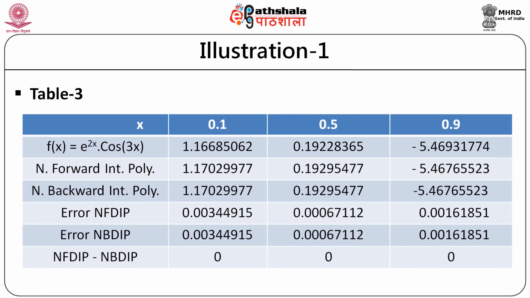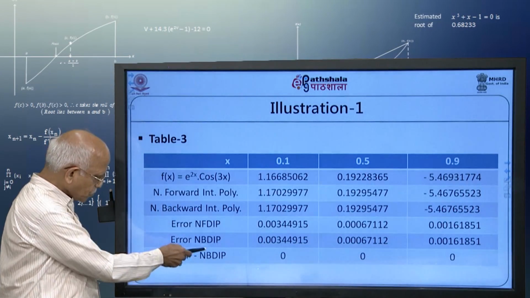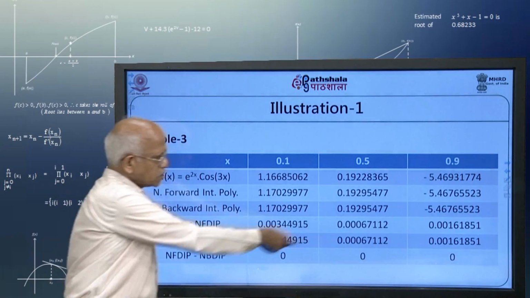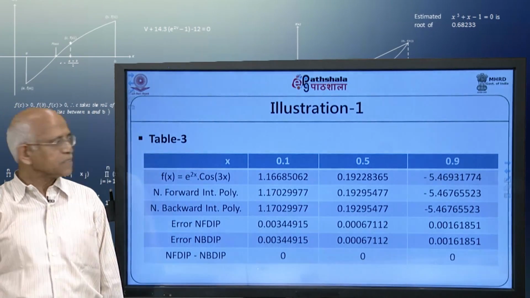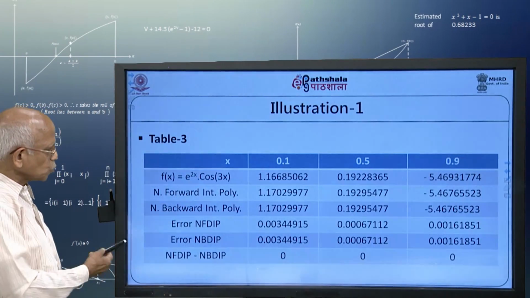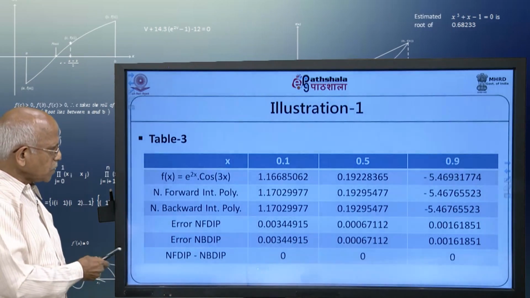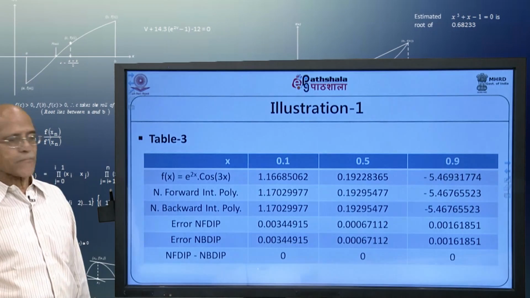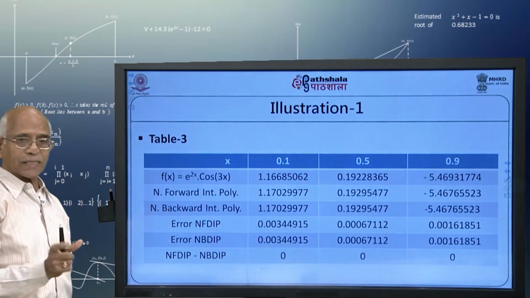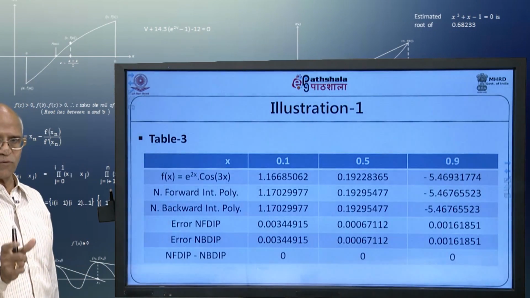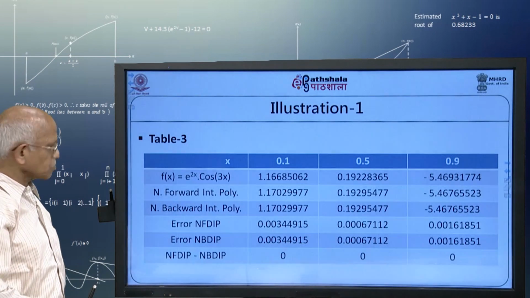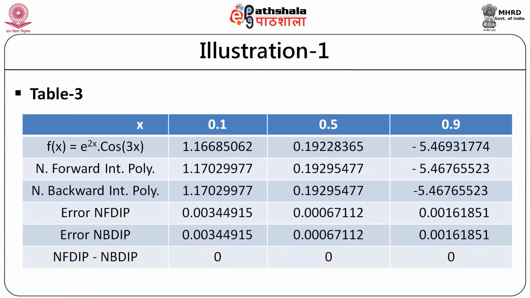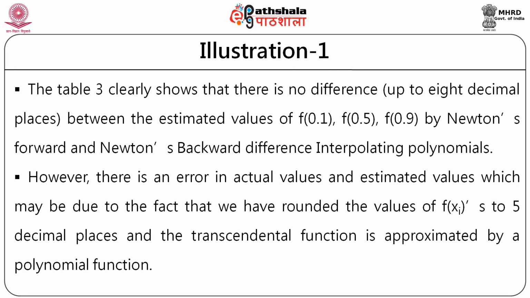The difference between these two estimated values is 0. So, this illustration shows that even if we are taking 8 digit approximation here, you do not get any difference between the estimated values by the forward difference or backward difference interpolation formula, and your estimated values are quite close to the function values.